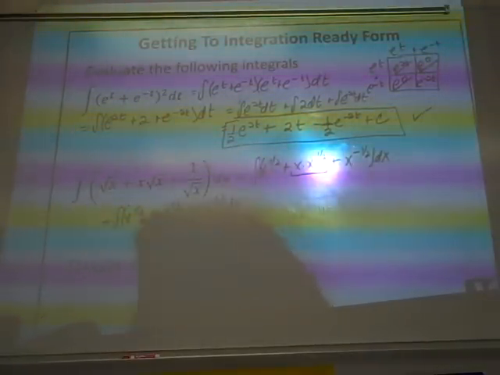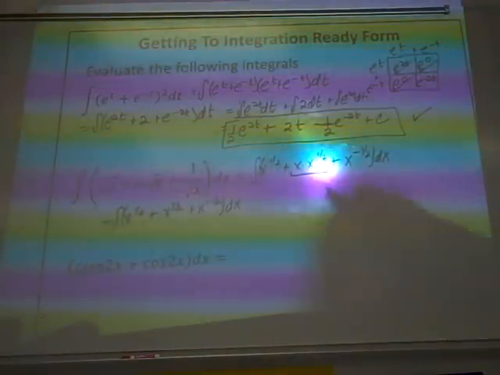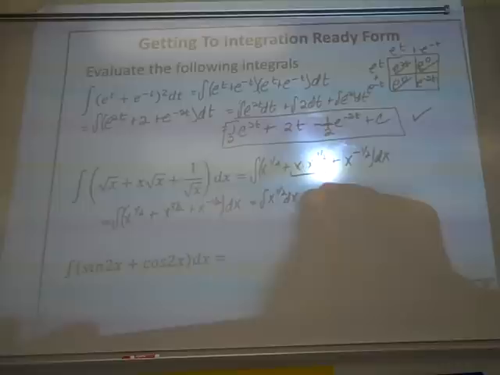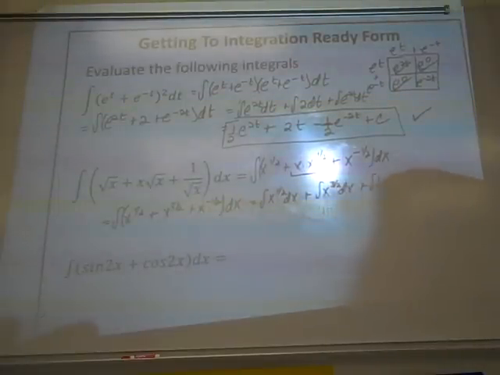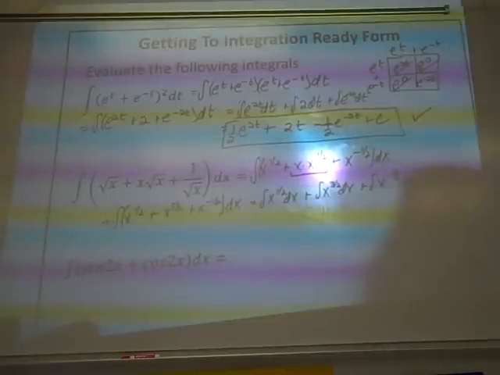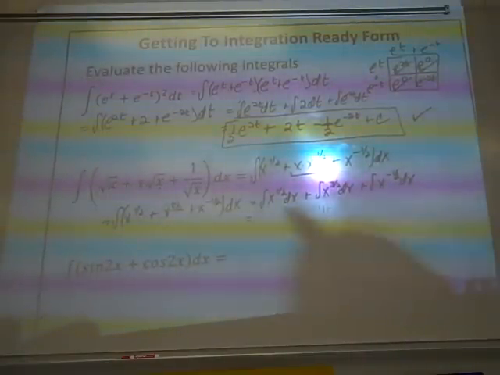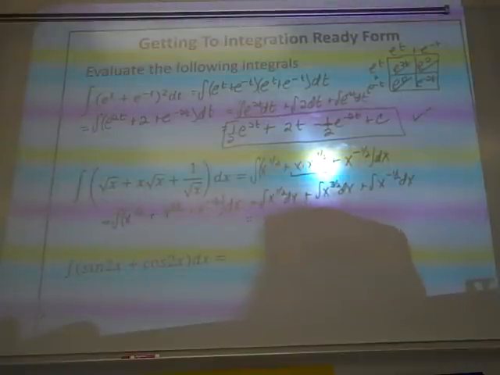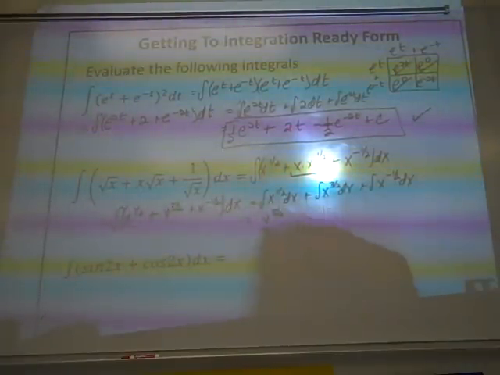Because I have nothing but addition in this problem, I can split it up as 3 integrals. The integral of x to the 1/2, plus the integral of x to the 3/2 dx, plus the integral of x to the negative 1/2 dx. These are all power rule problems. X to the 1/2, add 1 to the power, that's x to the 3/2.